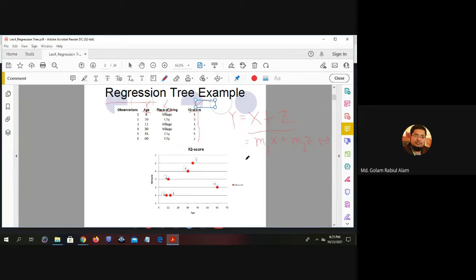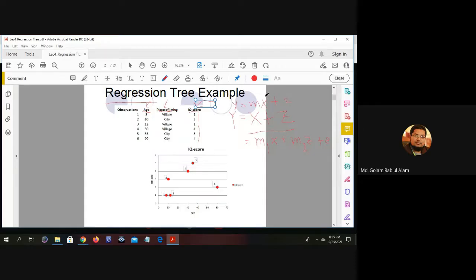This is near to a linear equation. Usually a line equation is defined with just one independent and one dependent variable, like y equals mx plus c.